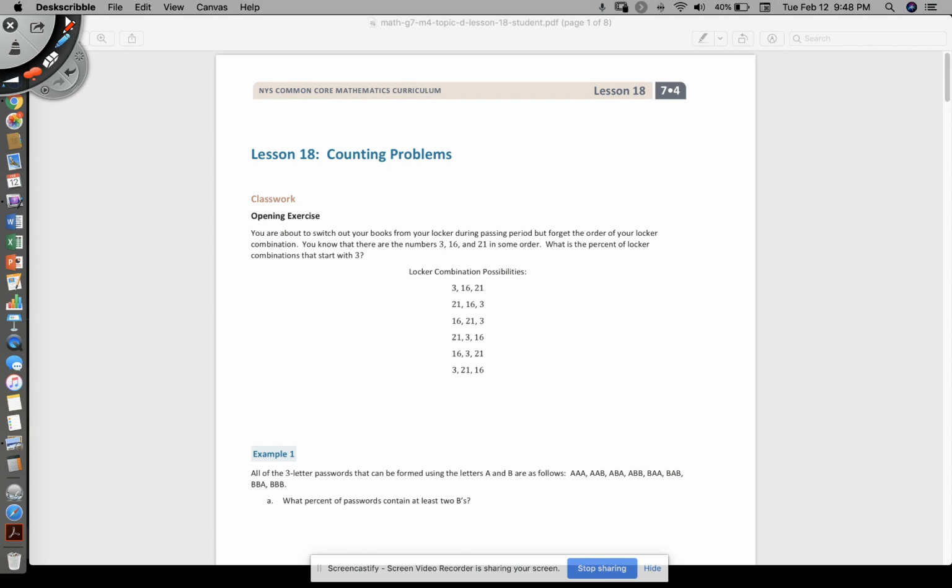If you've ever had a combination lock, like you use in your PE locker rooms, it's typically 3 numbers or so. Well, there are different combinations that can go with that, and as long as you can play with the different combinations, eventually you'll get the one that opens the lock.